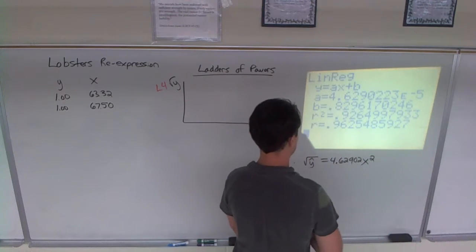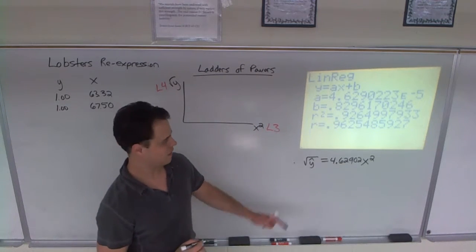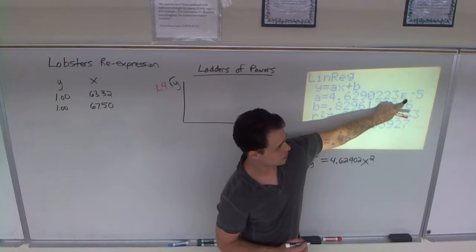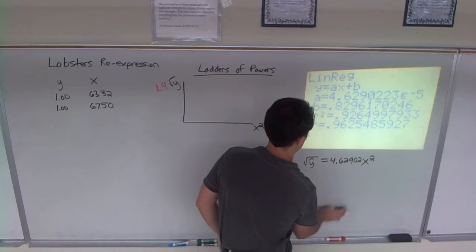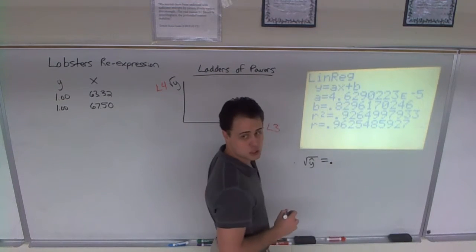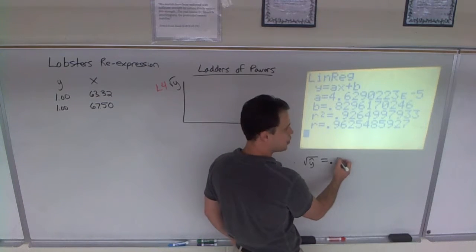We squared x. And then we've got, oh, and I'm missing something else too. Watch it. That's scientific notation. That's 10 to the negative 5th power, right? So, how many zeros?